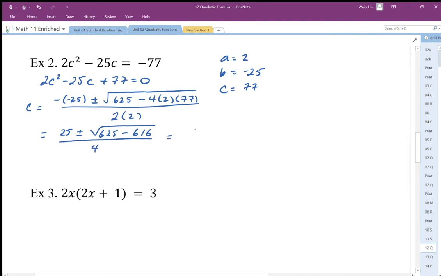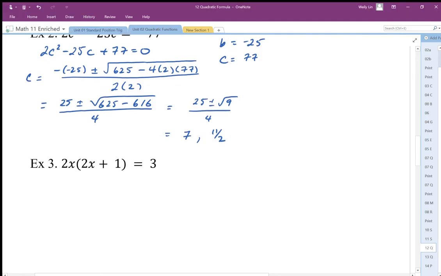And then we end up with 25 plus minus the square root of 9 over 4. So this simplifies to 25 plus 3 divided by 4, which is 28 divided by 4, which is 7. 25 minus 3, which is 22, divided by 4, which is 22 over 4, which simplifies to 11 over 2. Okay, so those are two solutions to that quadratic equation.